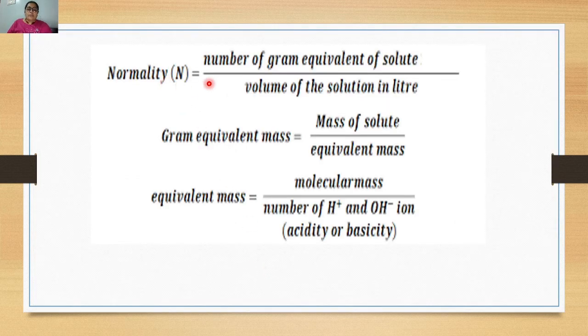The normality formula is number of gram equivalent of solute divided by volume of solution in liter, and the number of gram equivalent of solute can be calculated as mass of solute divided by equivalent mass, and equivalent mass is molecular mass divided by number of hydrogen ion or hydroxide ion, which is acidity or basicity.